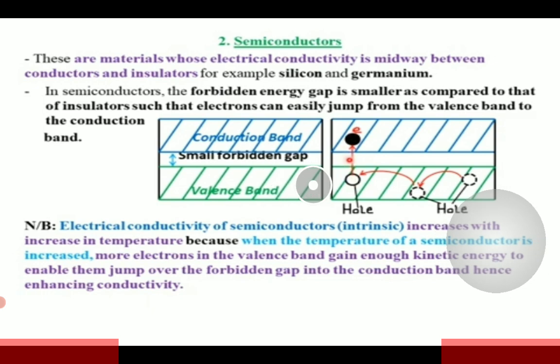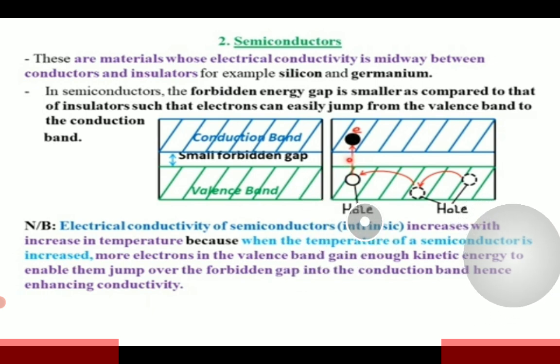So they can ask you, state one way of increasing conductivity of semiconductors: by simply increasing their temperature, because temperature causes the electrons to gain kinetic energy such that the energy is large enough to cause them to jump through the forbidden gap to the conduction band, thereby enabling them to conduct.